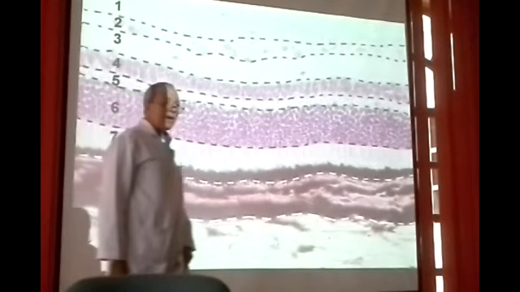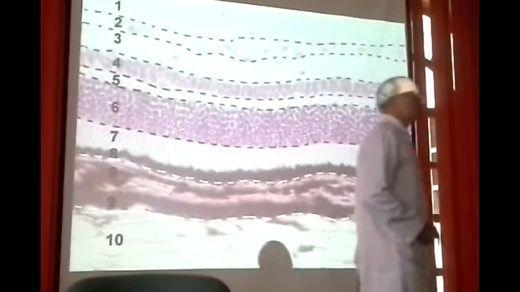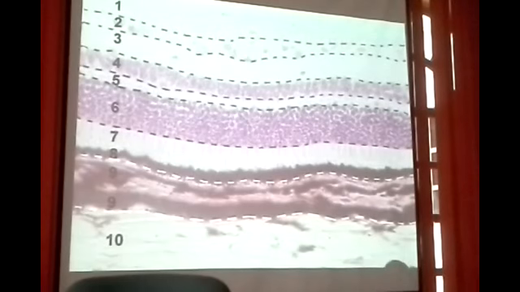Is there an area that only contains cones? Yes. Which area? The fovea centralis. What is the character of the cones present in the fovea centralis? Long and thick. Longer and thinner.